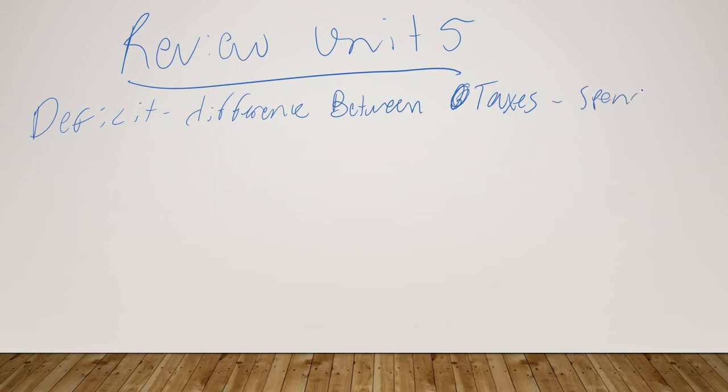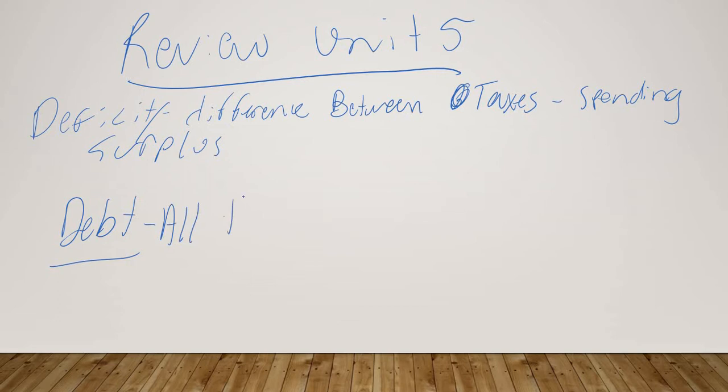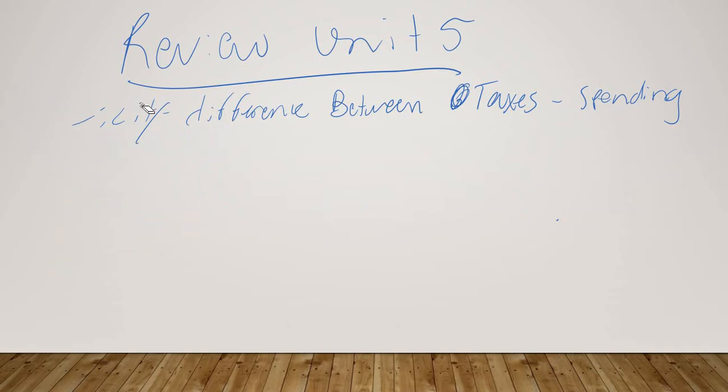And if that's a negative, then we're in a deficit. If for some reason that's a positive, if we take in more money than we actually spend, then we would be running what's called a surplus. The debt is just the accumulation, just all the money that we owe. And when I say we, I mean our government. Alright? So just remember those vocabulary words and everything, and that'll help you with certain things.